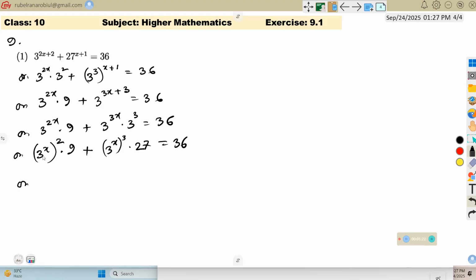Now we can take 3 to the power x as m, and we can write m square into 9 plus m cube into 27 equals 36.